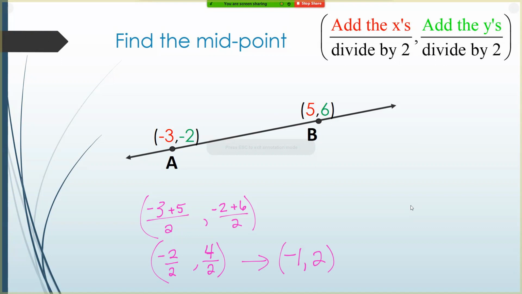Alexis, yes. You awake? No. Questions or concerns on finding midpoints when you're given two ordered pairs? Okay.